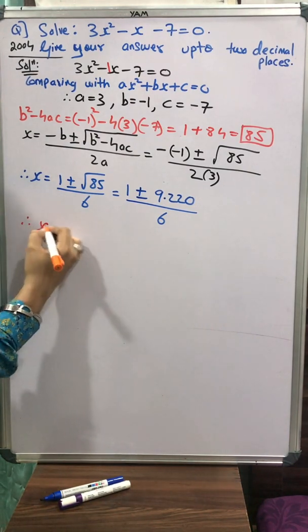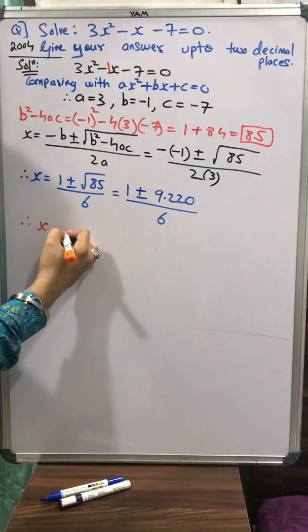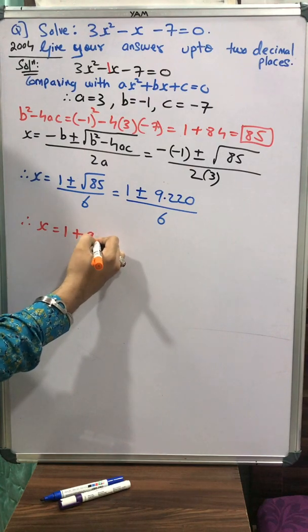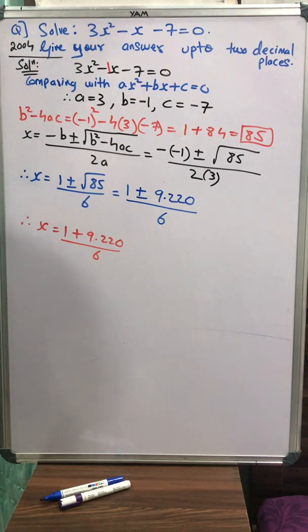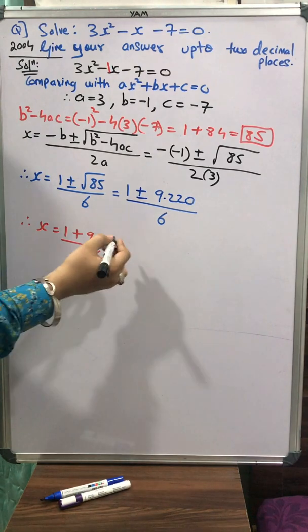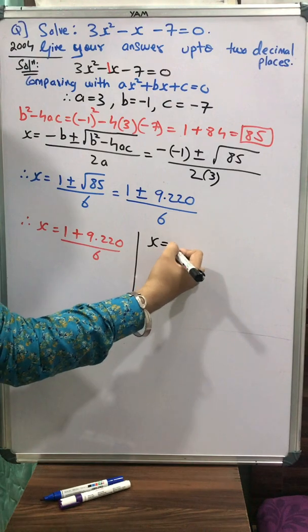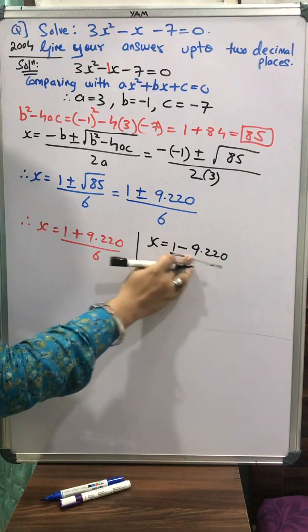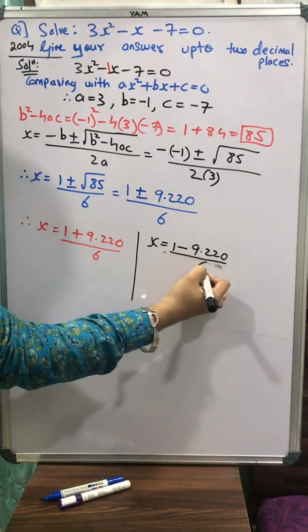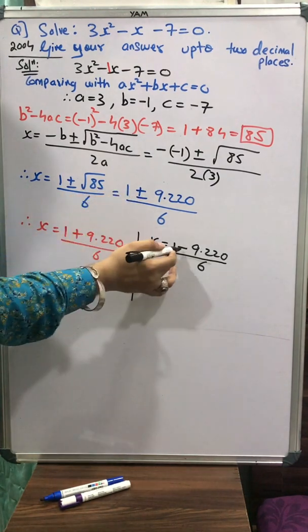Therefore, x is equal to, now see here it's 1 plus minus, so I'll write x is equal to 1 plus 9.220 the whole upon 6. What I am doing, students, instead of writing plus minus, I only wrote plus. Okay, now I'll draw a line in the center and I'll write x is equal to 1 minus 9.220 the whole upon 6. So one time I wrote plus and one time I wrote minus.